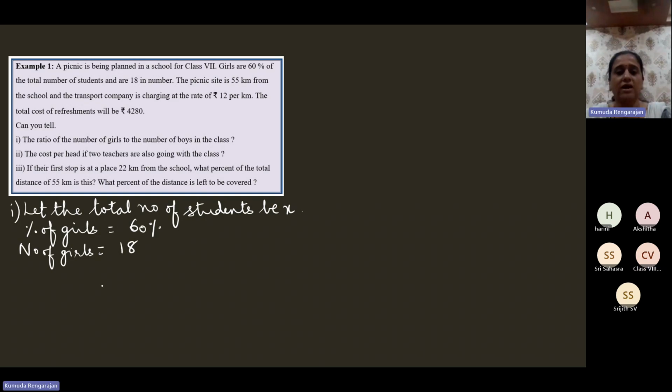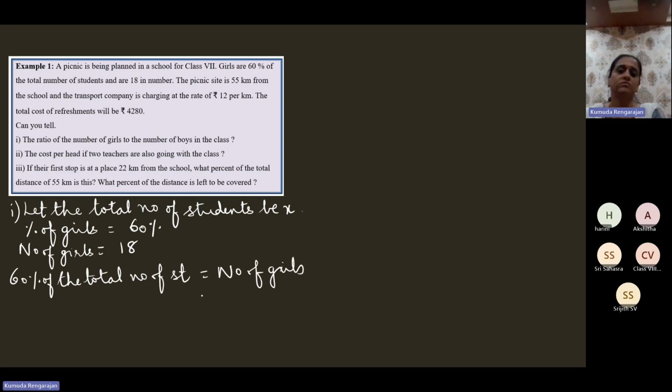Now how do you express this as an equation? Number of girls is equal to 60% of the total students in the class. So 60% of the total number of students is equal to number of girls, correct?